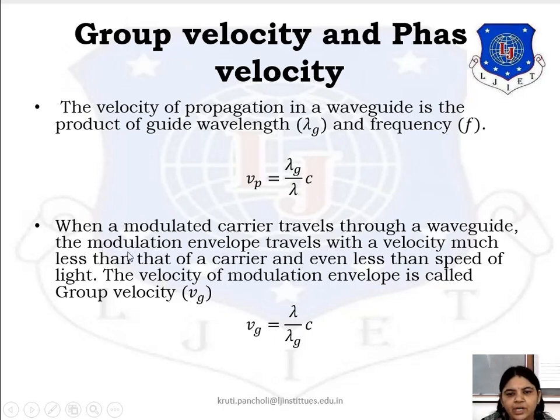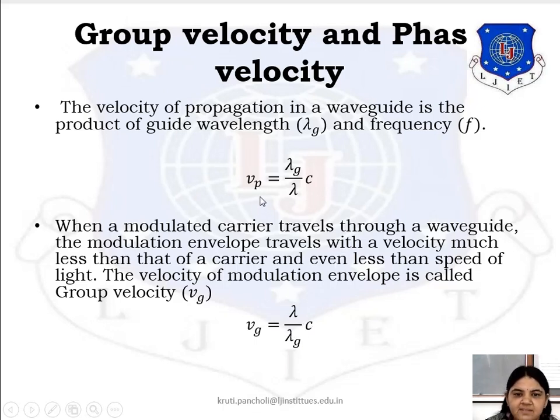When a modulated carrier travels through a waveguide, the modulation envelope travels with a velocity much less than that of the carrier and even less than the speed of light. The velocity of the modulation envelope is known as the group velocity Vg. So Vg is equal to lambda upon lambda g into c.